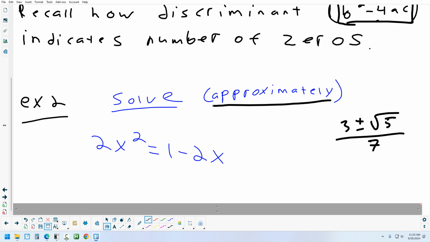In order to type this in on the calculator and solve for the zeros, we need to get this equal to something. We don't want it equal to 2x squared. What do I want to get by itself on one side of that equation? Yeah, x.